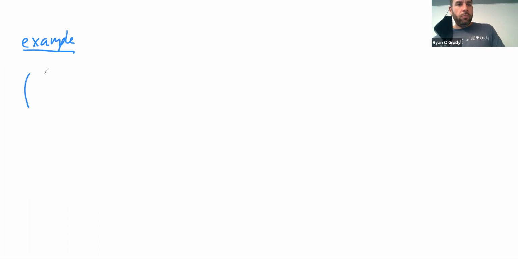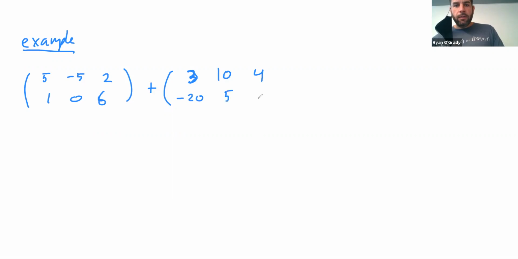Suppose I have two 2 by 3 matrices, 5, -5, and 2, and then 1, 0, 6. Suppose I want to add this to 3, 10, 4, and then negative 25 and 13.